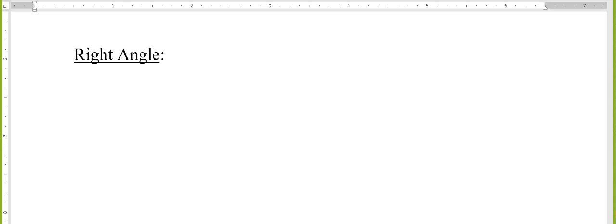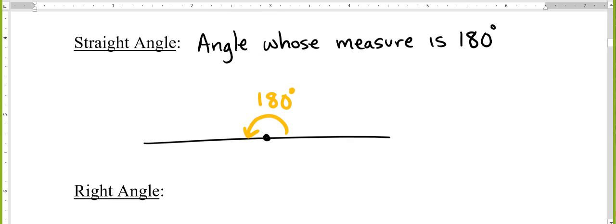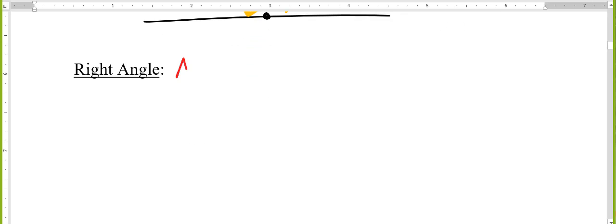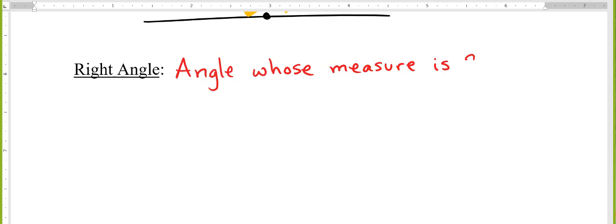Up above, when we talked about complementary angles adding up to 90 degrees, it added up to what was called a right angle. So a right angle is an angle whose measure is 90 degrees.